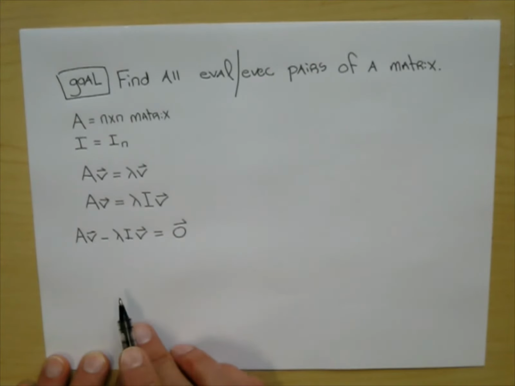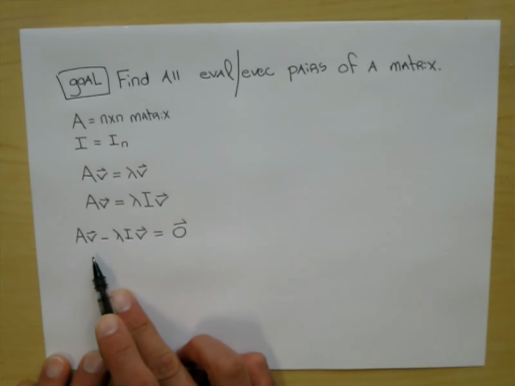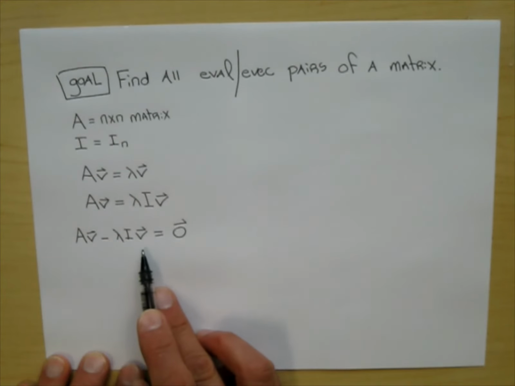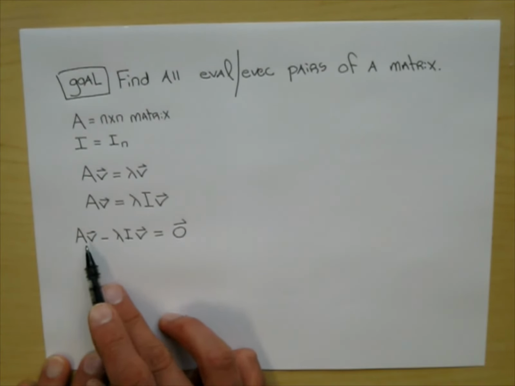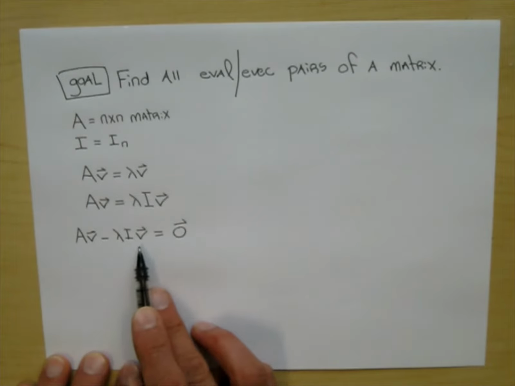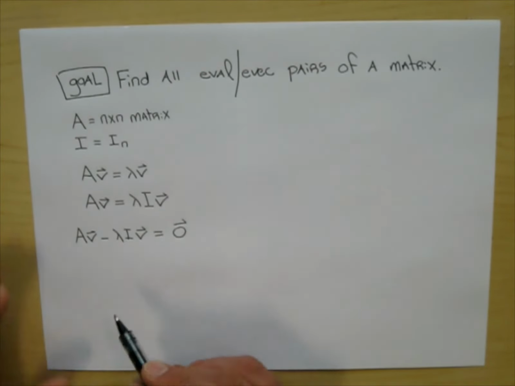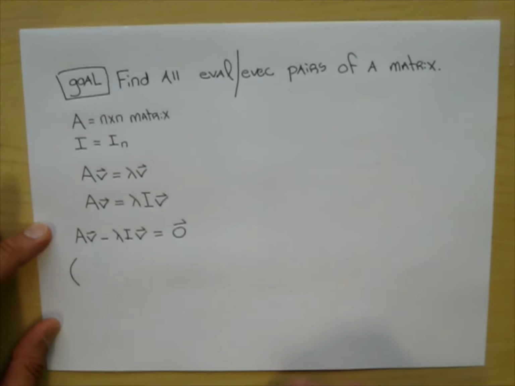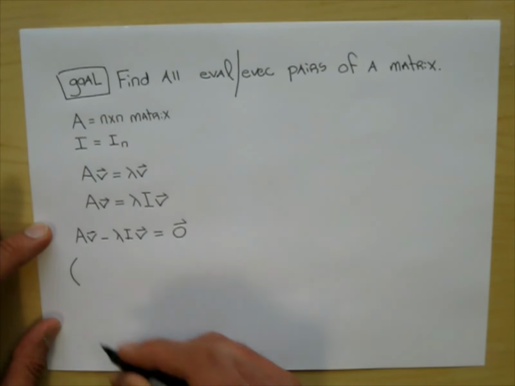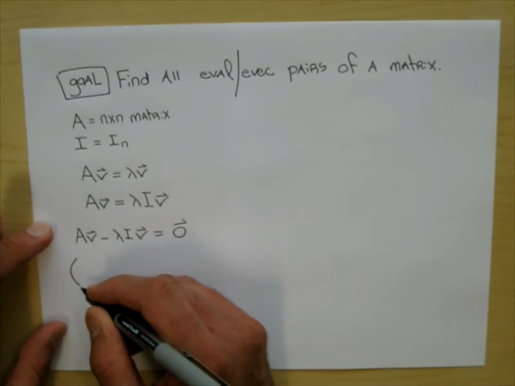Okay, now on the left-hand side, I want to factor out something. I want to factor out a V. But I can't just factor it out to the left because it's on the right side in each of these terms. So I'm actually going to factor that out to the right side because we are living in a non-commutative world when it comes to matrix multiplication.